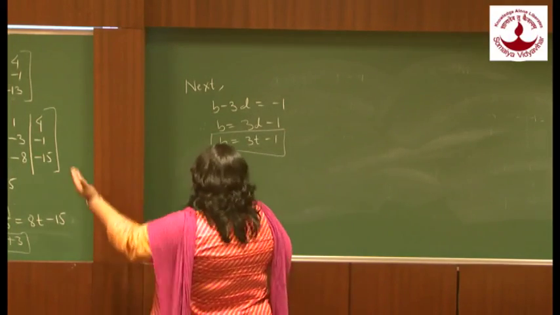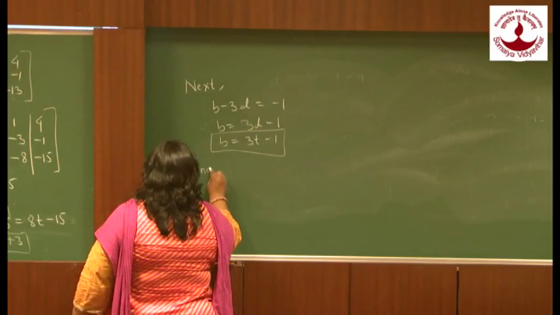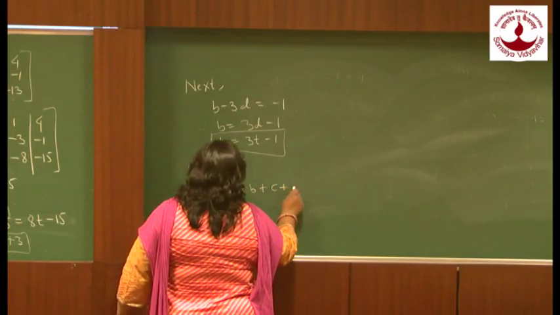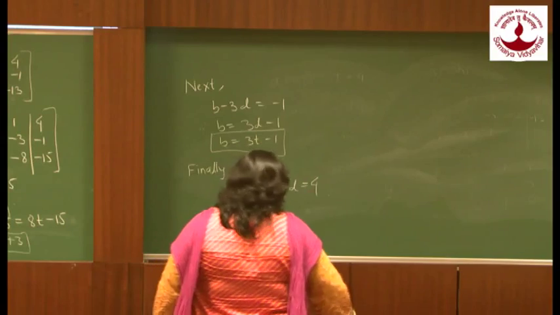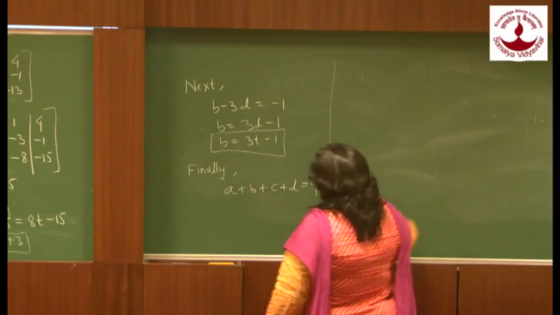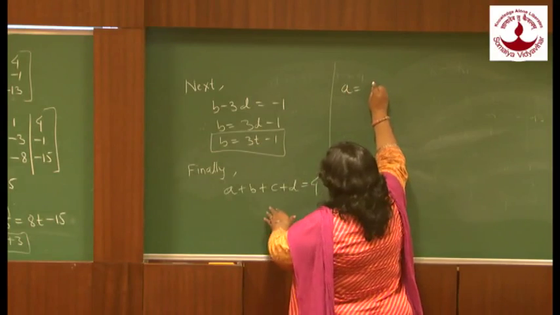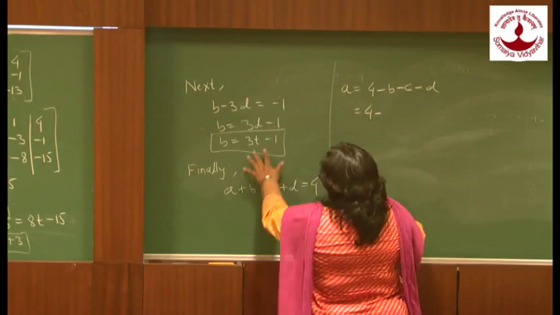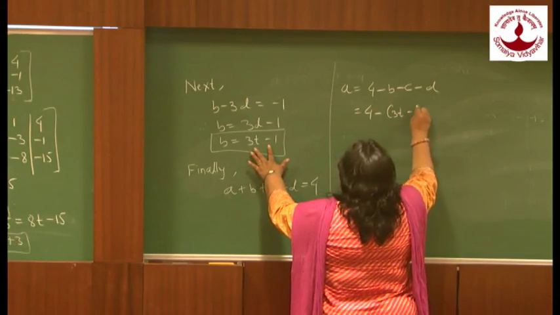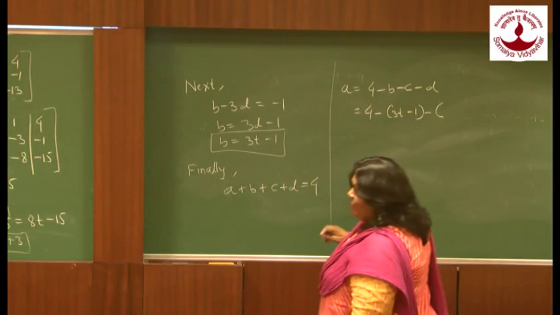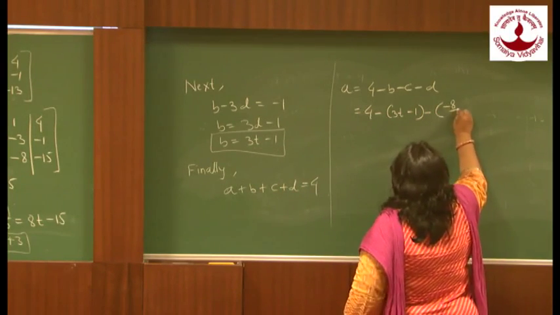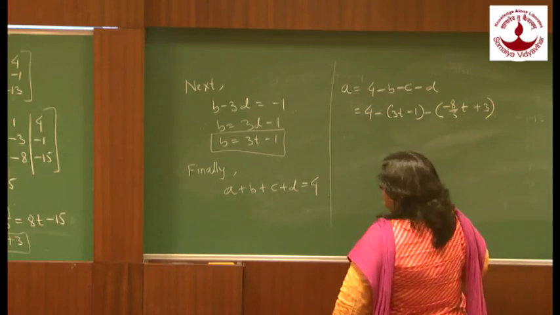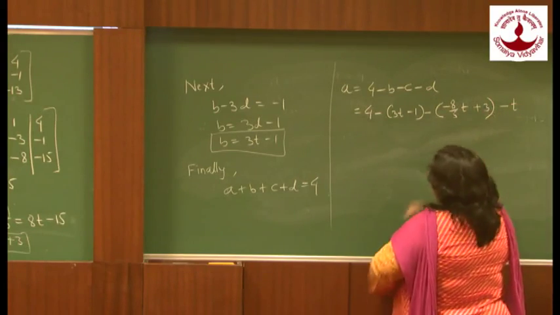Now only A remains. So finally we use the first row and we get A plus B plus C plus D equal to 4. That means A is 4 minus B minus C minus D. That is 4 minus, I put B as 3t minus 1, minus C, which is minus 8 upon 5 t plus 3, minus t.